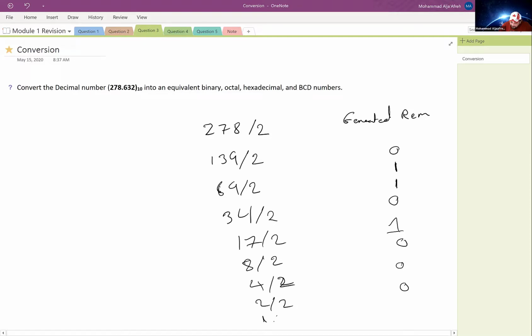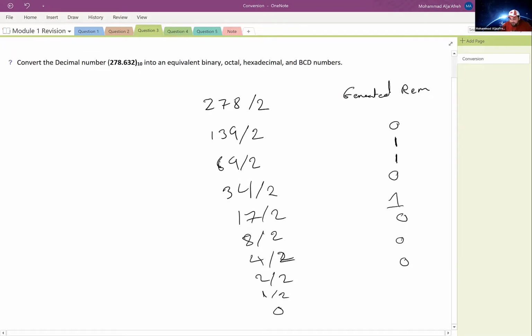Now 1 over 2: the quotient should be 0 and the remainder should be 1. Now, what I have to do here is go from bottom to up to write my number.